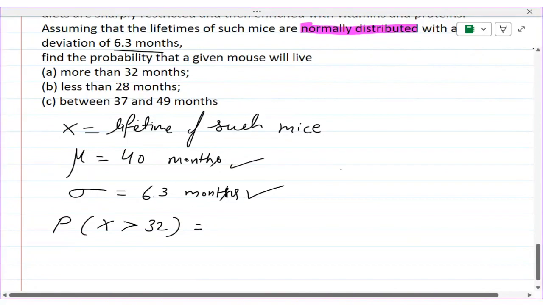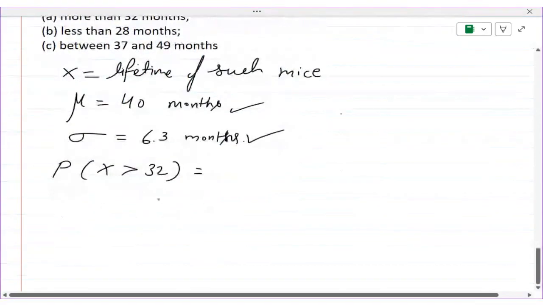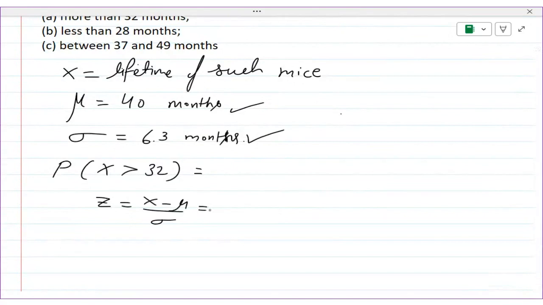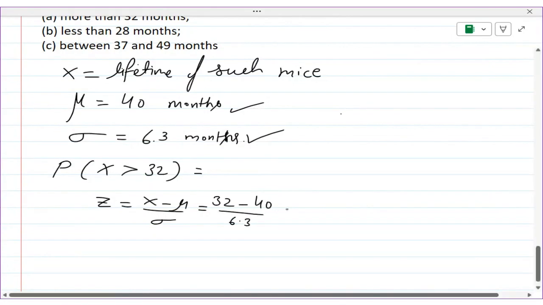First of all, you will convert everything in terms of standard normal. You will use the formula z is equal to x minus mu divided by sigma. So we convert this 32 into the standard normal variable. X is 32, mean is 40, and sigma is 6.3, so you will get minus 8 upon 6.3.